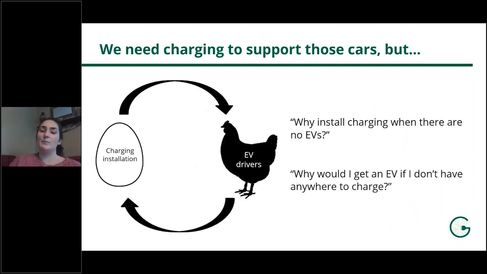Okay, so, as I just said, we need charging to support these cars. We're in a chicken and egg type of situation. While electric vehicles are coming and plenty are being manufactured, we really need charging station installation to be in place.